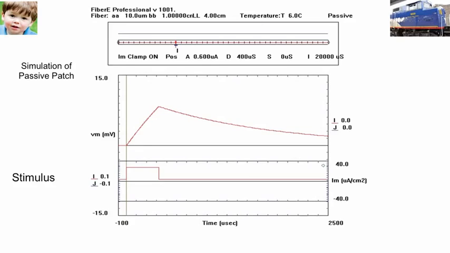Now let's look at the stimulus. Notice down here the word stimulus, and over here to the right is the graph of the stimulus. This is a graph of the membrane current as a function of time.